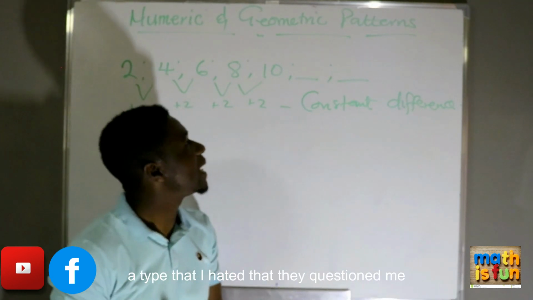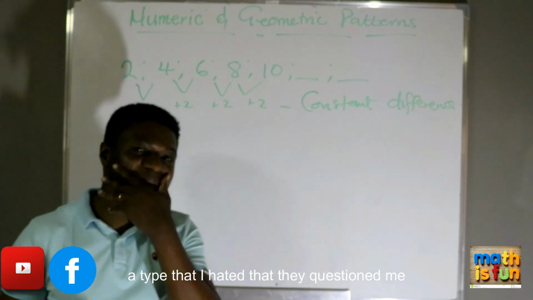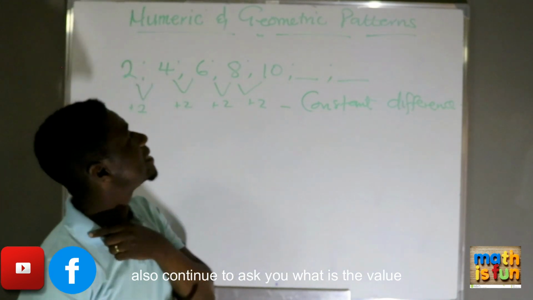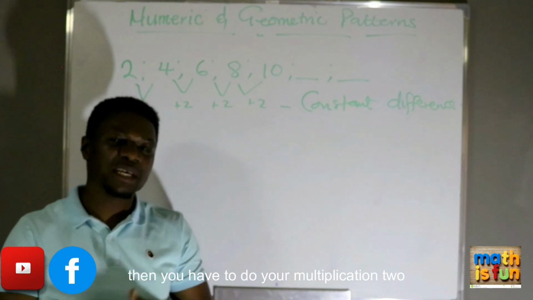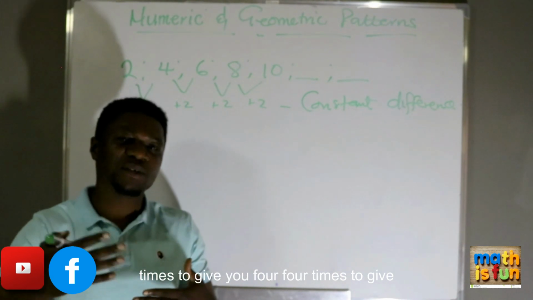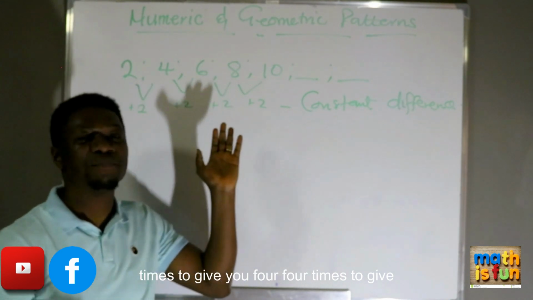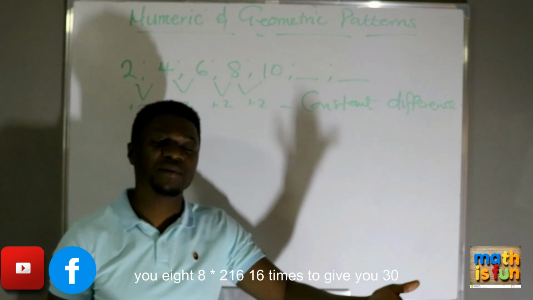Okay, that is that. Then the next one on the list is geometric pattern. Speaking of geometric pattern, we get to see that it follows a particular order, the same way as numeric pattern will follow a particular order.